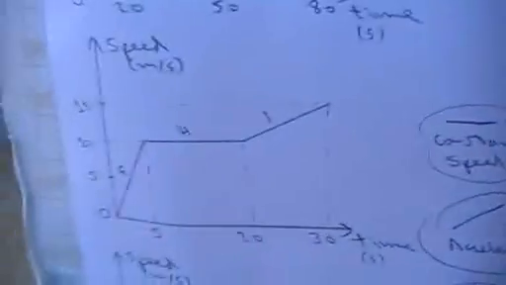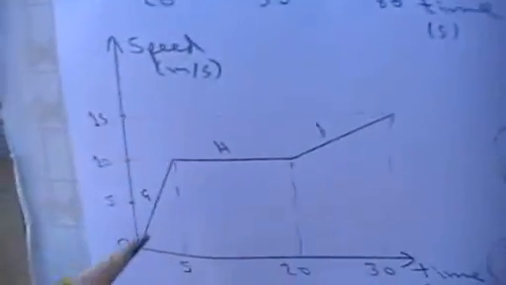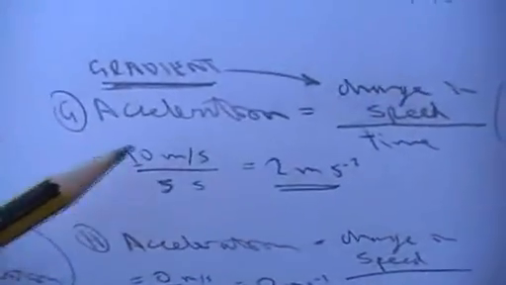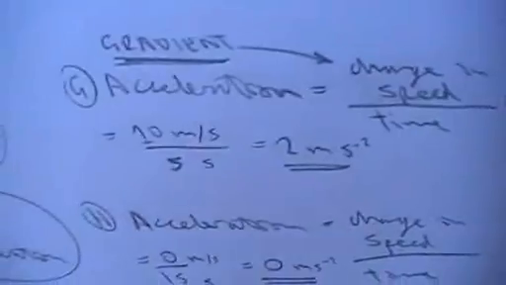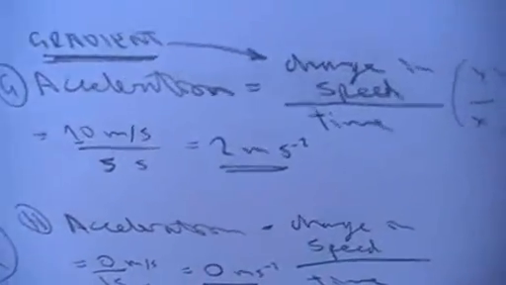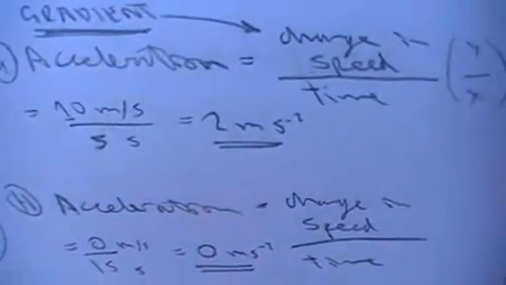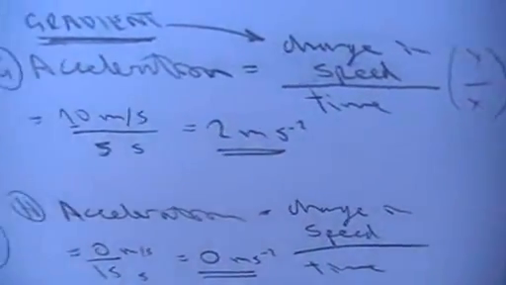So again, speed time graph, work out your gradient. 10 divided by 5 would be 2. So acceleration in that first part was 2 meters per second per second. So every second your speed is increasing by 2 meters per second.